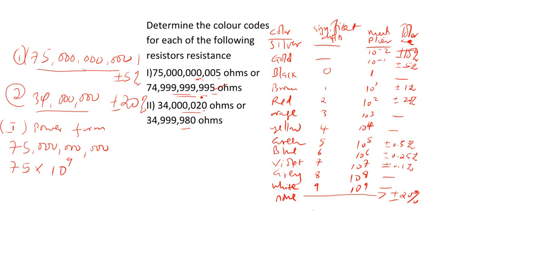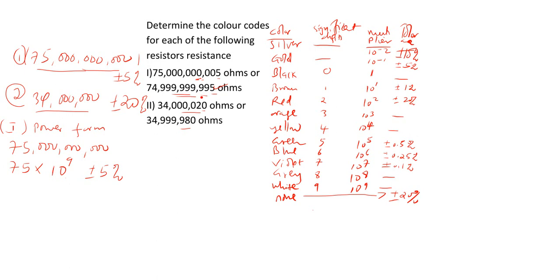Then this resistance has a plus or minus 5%. So now you take this power form to the table. So the first digit, second digit, times a 10 power 9, plus minus 5%.